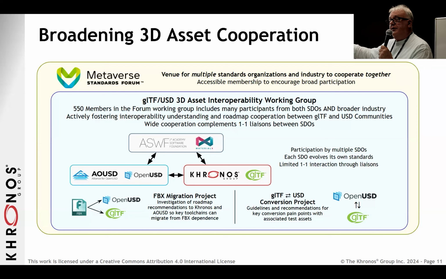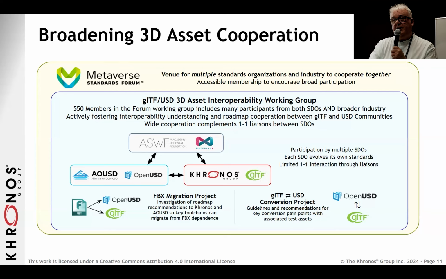One example is, the Metaverse Standards Forum has about 20 domain groups working on different areas. One that's particularly interesting, I think, to this audience is that we have the glTF, it's very imaginative name, glTF USD 3D Asset Interoperability Working Group, but the name is very descriptive.